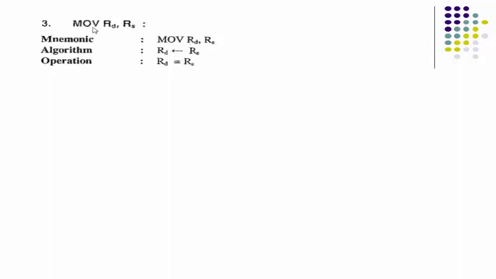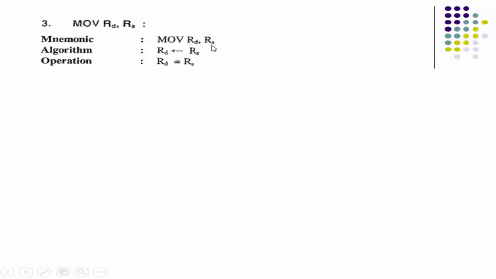Next, simple data transfer instruction MOV RD, RS. So the mnemonic is move RD, RS. Here RS is the source register and RD is the destination register.